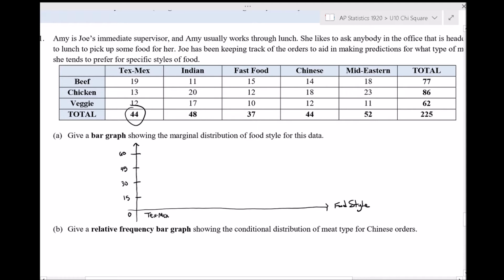So in the margin, that is 44. And I'll draw a bar with a height of 44 roughly, somewhere around here. I could shade it in or not, and today I'm not feeling shading in. So there's that. Indian food. So the marginal value for Indian is 48. So 48 is a little higher.